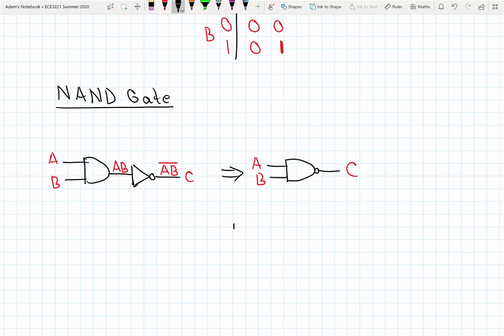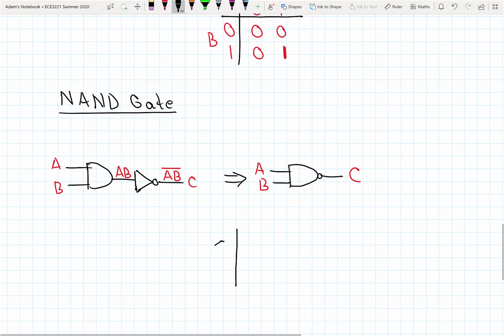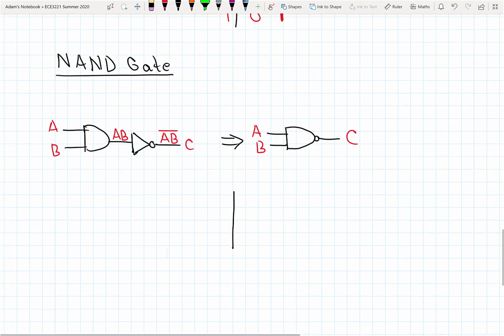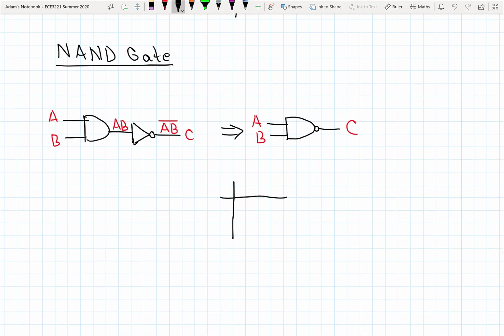The truth table for this looks very similar to what we saw for the AND gate, except everything's inverted on the output.